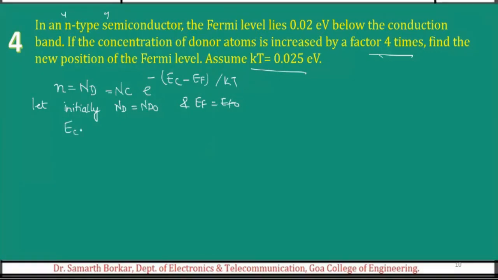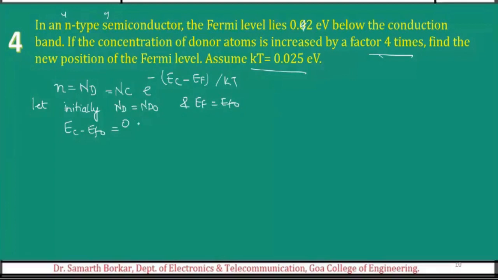So Ec minus of EFO is 0.2 electron volt, this is taken as 0.02.